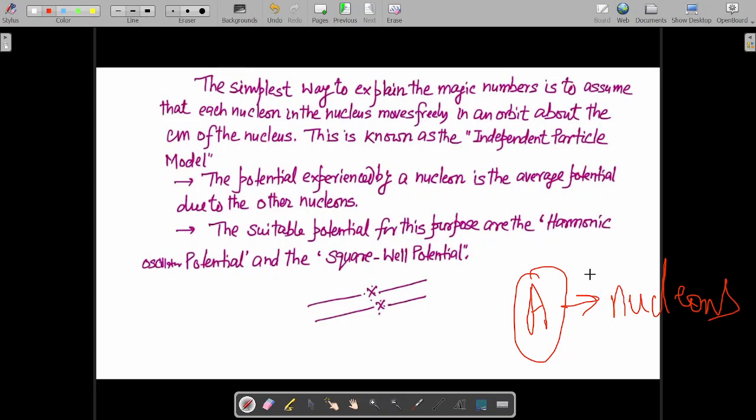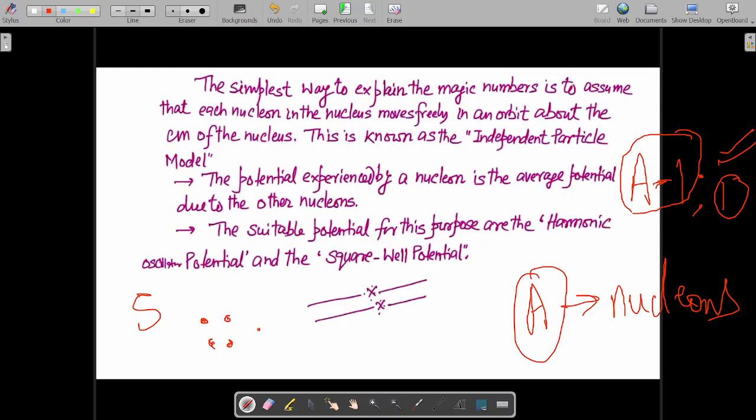Then the other A-1 nucleons will be independent. One nucleon you are considering independent, and that one independent nucleon will be revolving with the help of the field created by the A-1 other nucleons. Similarly, suppose you have 5 nucleons, 2 of them protons and 3 of them neutrons.